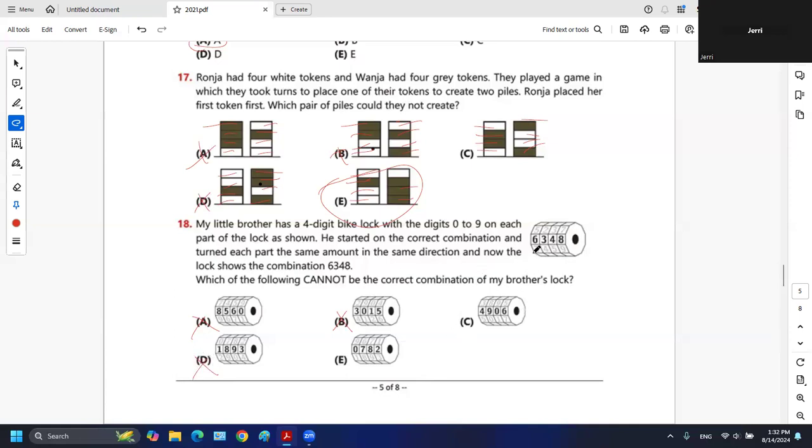E. 6 5 4 3 2 1 0. 3 2 1 9 8 7. All right. 4 3 2 1 0 9 8. All right. 8 9 8 7 6 5 4 3 2. All right. Not the answer. C is the answer.